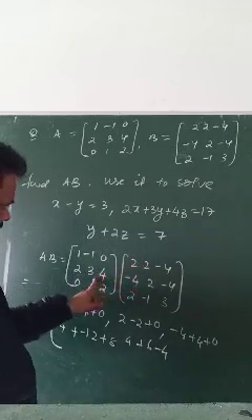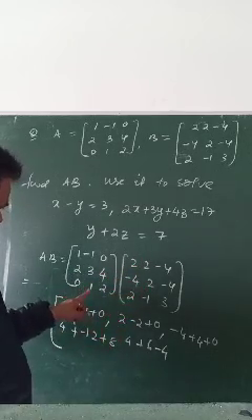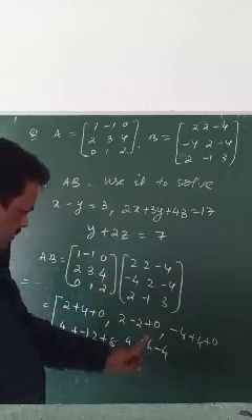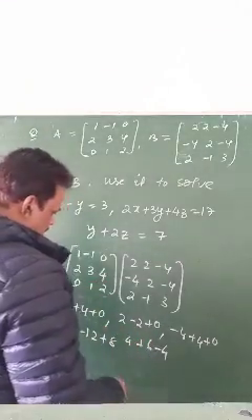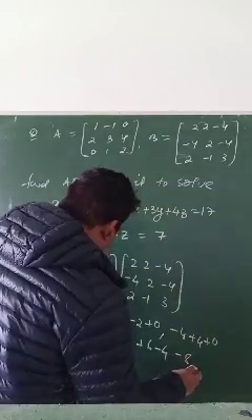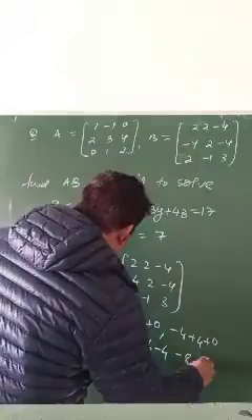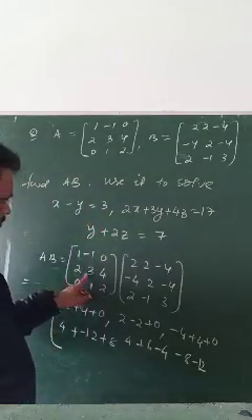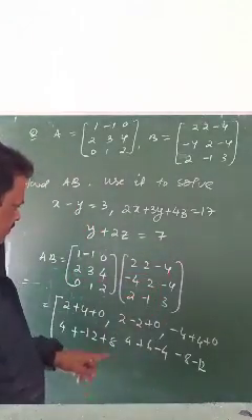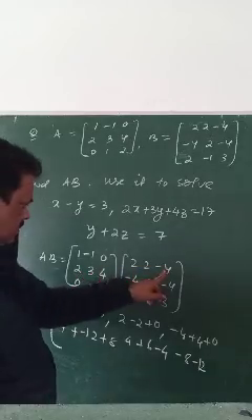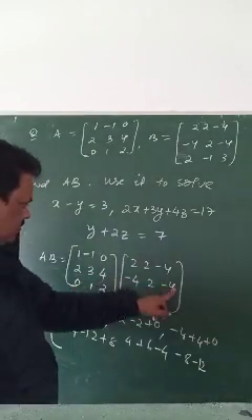Row column, 2 3 is 6. 3 4 1 is minus 4. Then row column, minus 8, minus 12, minus 8, minus 8 minus 12 plus 12.